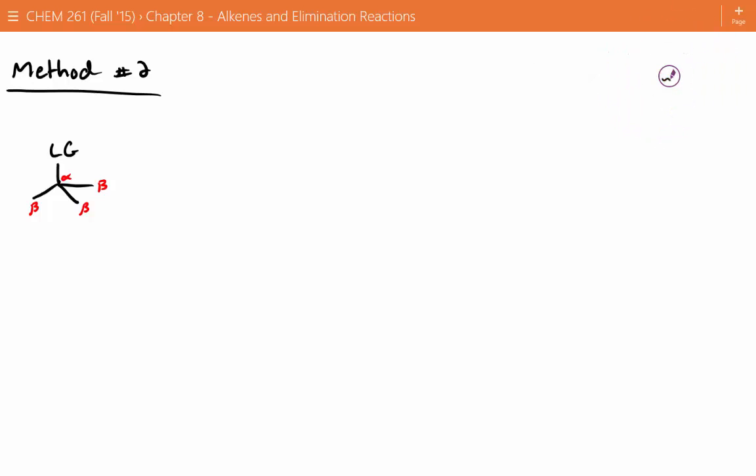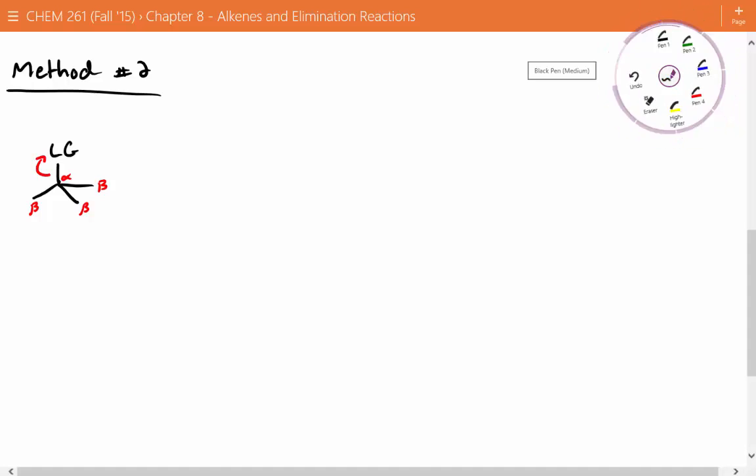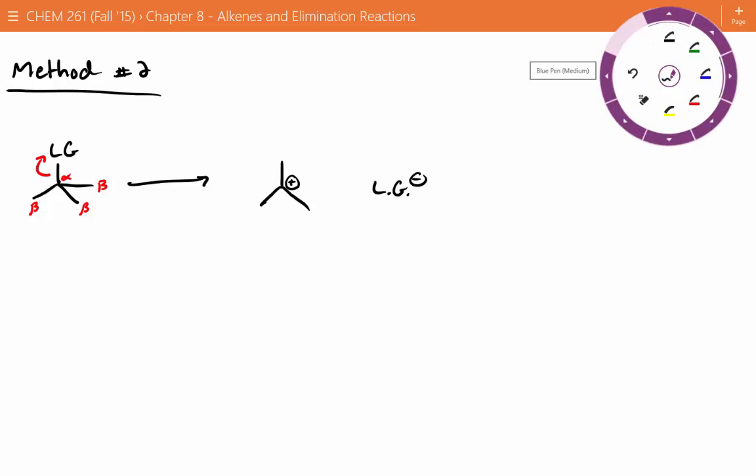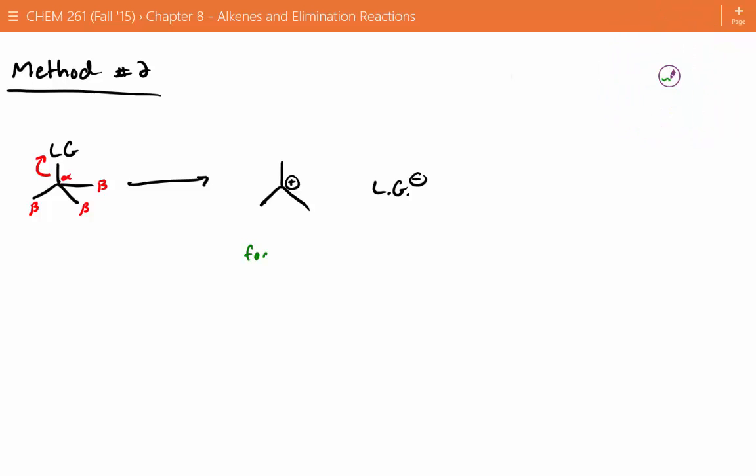And then in an E1 reaction, what do you think the first step's going to be? Leaving group falls off. Just like we saw with SN1 reactions, the leaving group can fall off. Form a carbocation plus our leaving group that's got a negative charge. So it forms a stable carbocation.